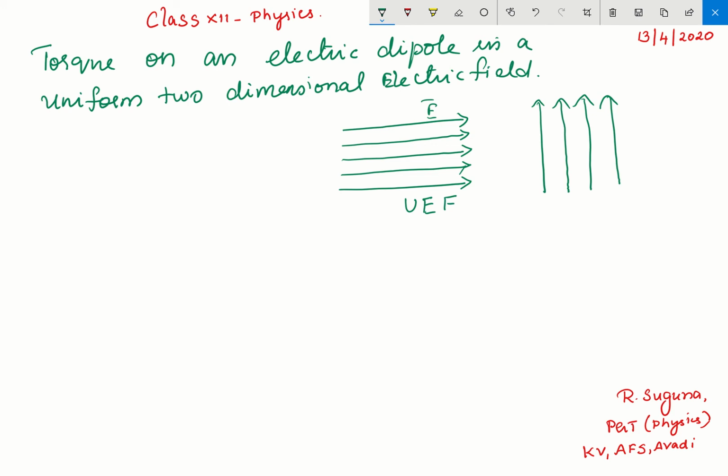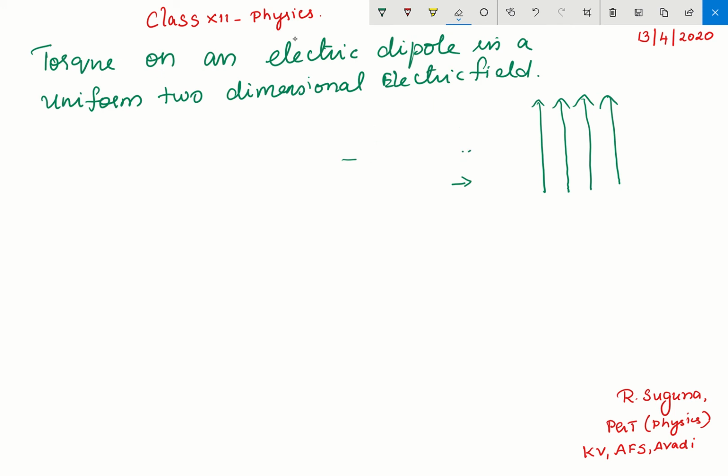Now our job is to place a dipole in a uniform electric field and see what will happen. Let me write this. When an electric dipole is kept in a uniform electric field, it will experience some torque.